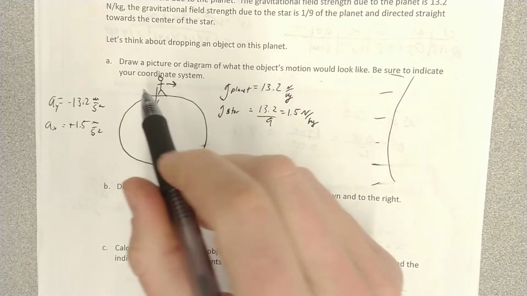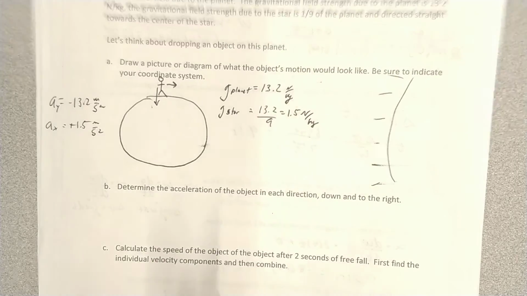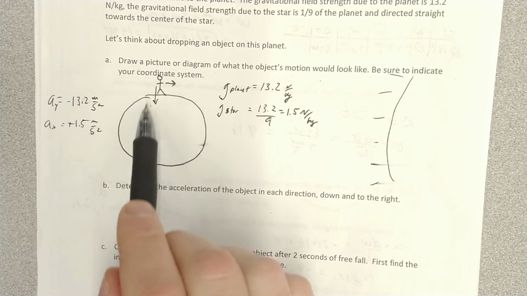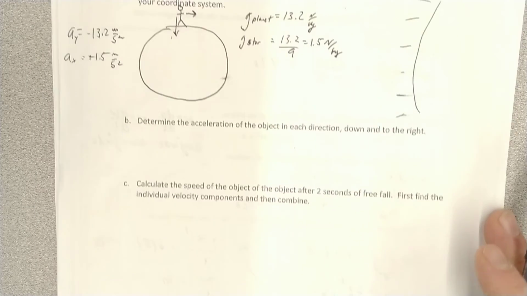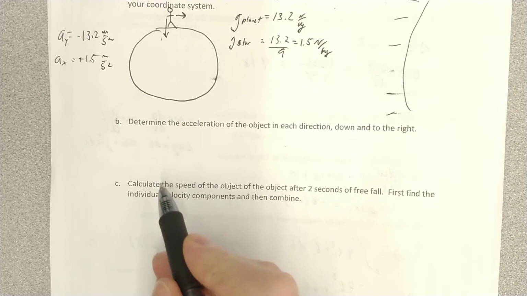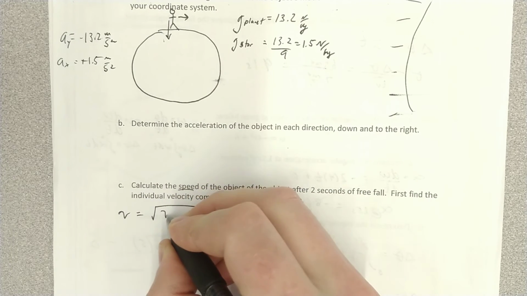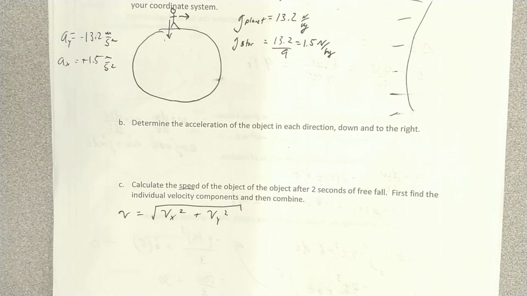And the direction of a_x is totally changing all the time. So you've got to look at this problem at a snapshot in time when you're positioned so that the two are perpendicular, and go from there. And the rest, calculate the speed. Remember, the speed of an object is always the square root of the x and y components squared, right? The magnitude of the velocity.